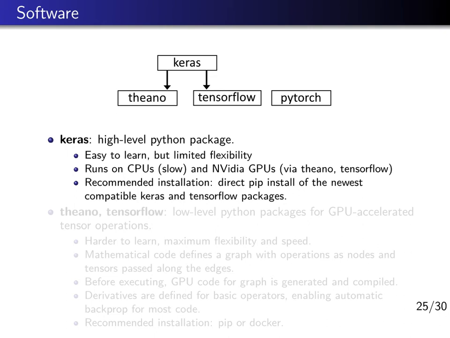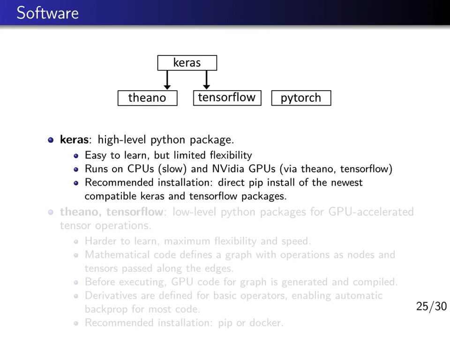So let us talk a little bit about software. I should add a new member to this slide, which is JAX. But for now, what we have here is Keras, Theano, TensorFlow, and PyTorch. So just to give you an idea of how these packages relate. Keras is a high-level Python package.